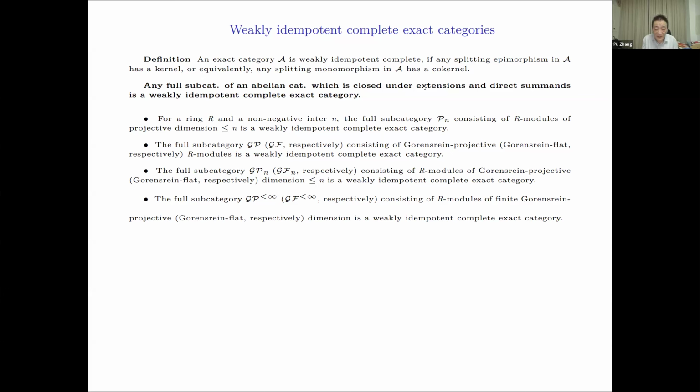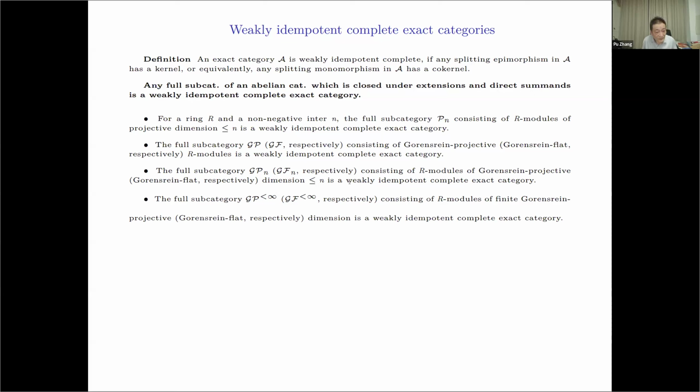In fact, most exact categories we know are weakly idempotent complete, but there really exist exact categories which are not weakly idempotent complete. All full subcategories of an abelian category which are closed under extensions and direct summands are weakly idempotent complete exact categories.